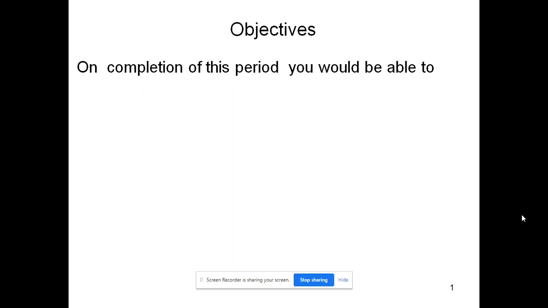Today we are going to learn about the EMF induced in the DC generator. In the previous classes, we have already learned about the Faraday's laws, the working principle of DC generator, simple loop DC generator.